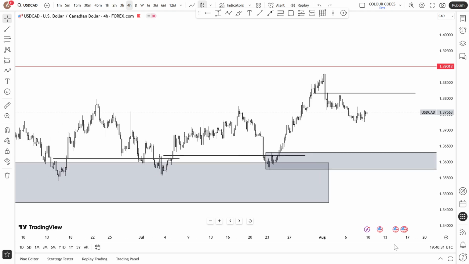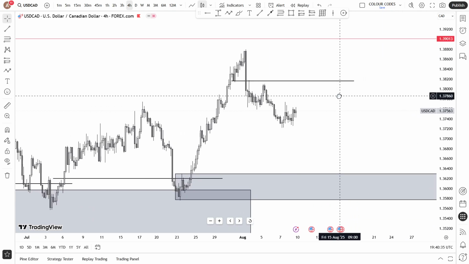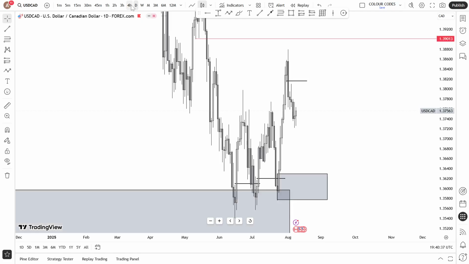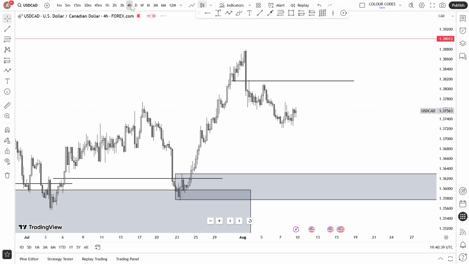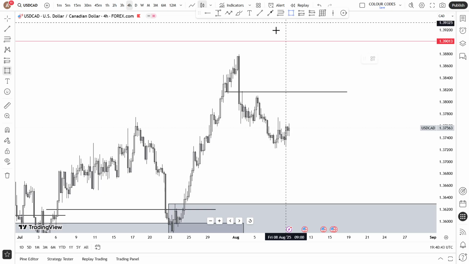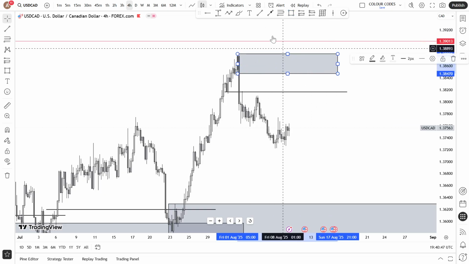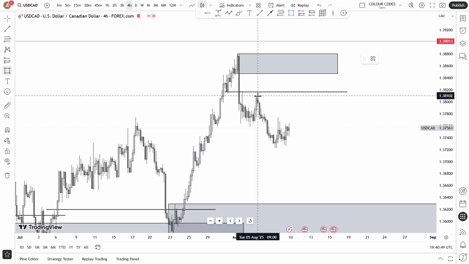Yes, so this is what we have on the 4 hour time frame. On the 4 hour time frame, price is in a bearish market. And then we have these two zones left. We have this first order block here, and then we have this other block as well.